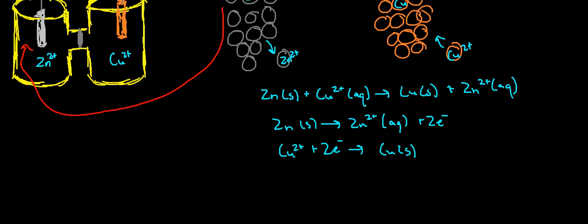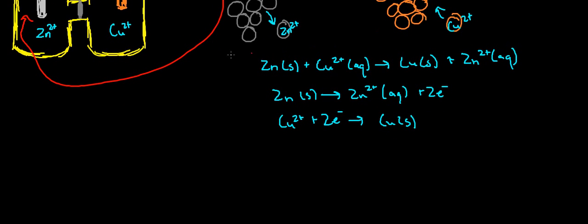But anyways, this is more about the standard reduction potentials. So I have this oxidation reduction reaction. I want to know what the cell potential is. And this just means standard conditions, just like everything else. So what this will be is the sum of this reduction potential plus the other reduction potential.